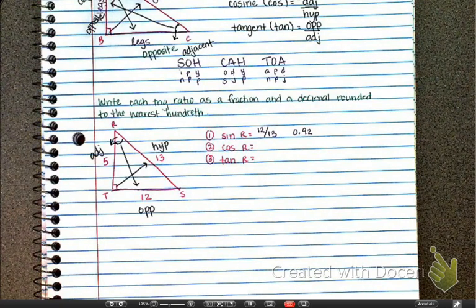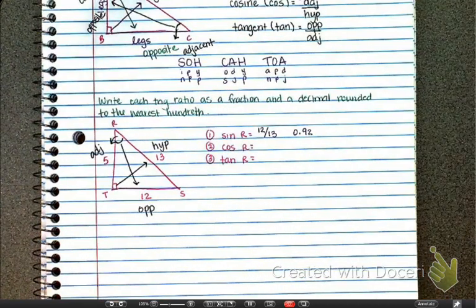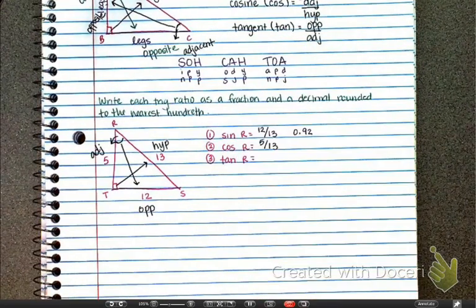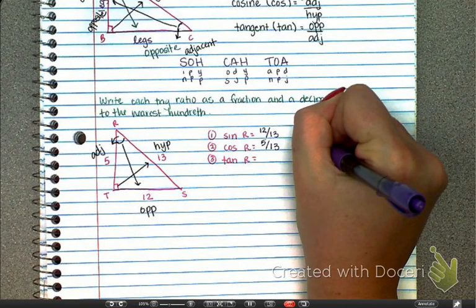Okay, so let's do cosine. What is cosine? Adjacent over hypotenuse. What's the adjacent side? 5. The hypotenuse is 13. Can I reduce 5 over 13? No. And what is that as a decimal? 0.38.